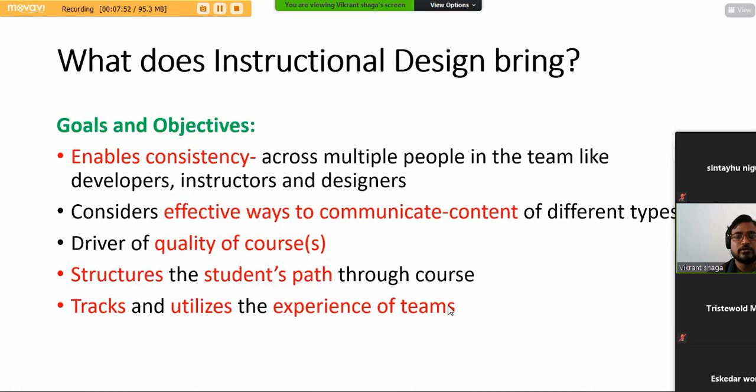They can use some kind of tools or software to represent that course in a proper sequential way. So these three people are very important: developers, instructors, and designers.